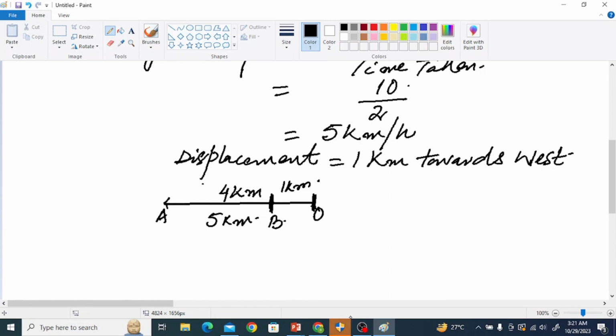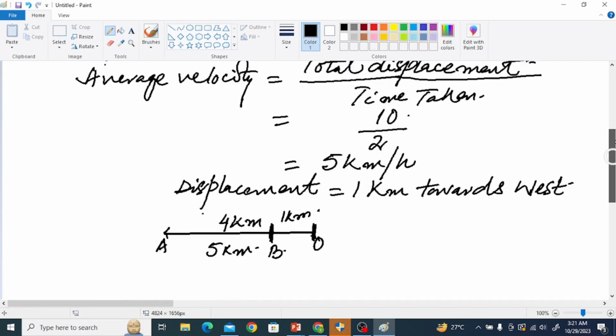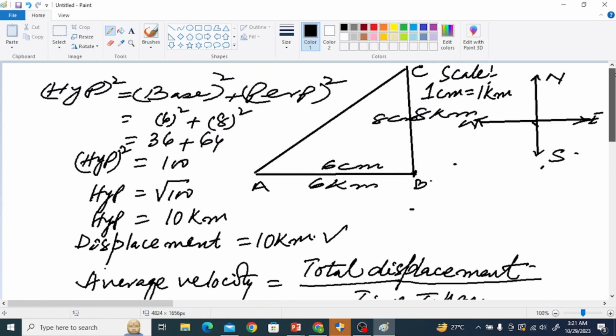And then we can find the displacement from the initial position from where he has started his journey till the end point of the journey. So that we have to find by drawing a figure like this for better understanding.